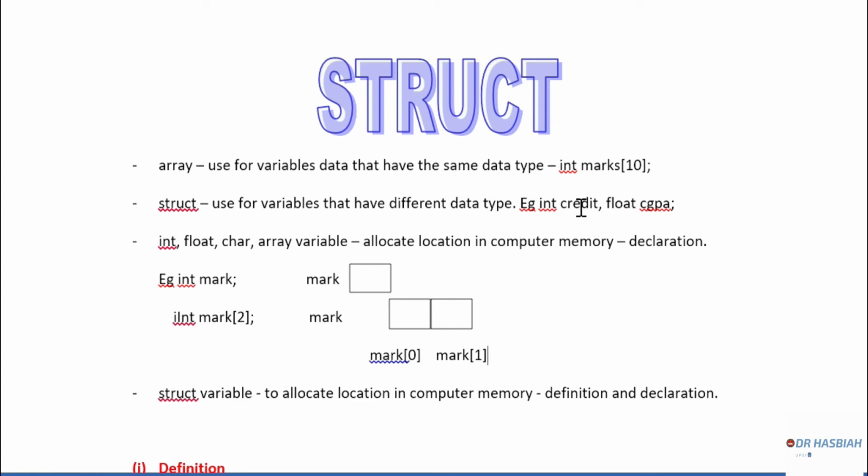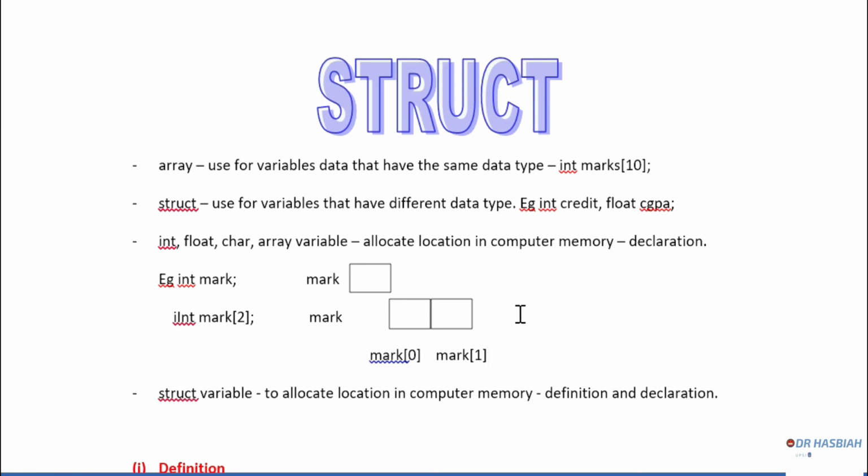So if you see here, credit and CGPA have different data types, integer and float, so you cannot use array. You can use struct. Struct can handle variables that have different data types. So we are going to see the struct detail after this.